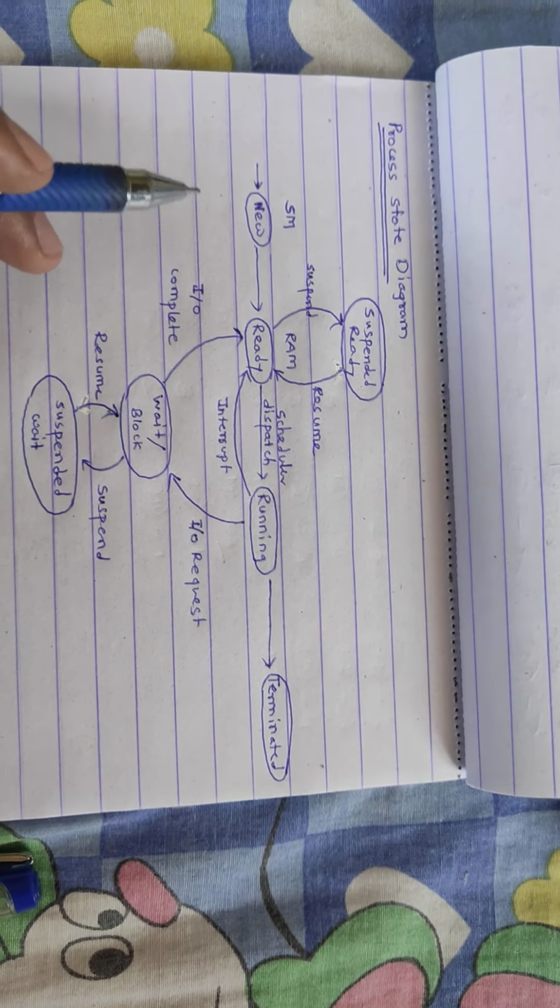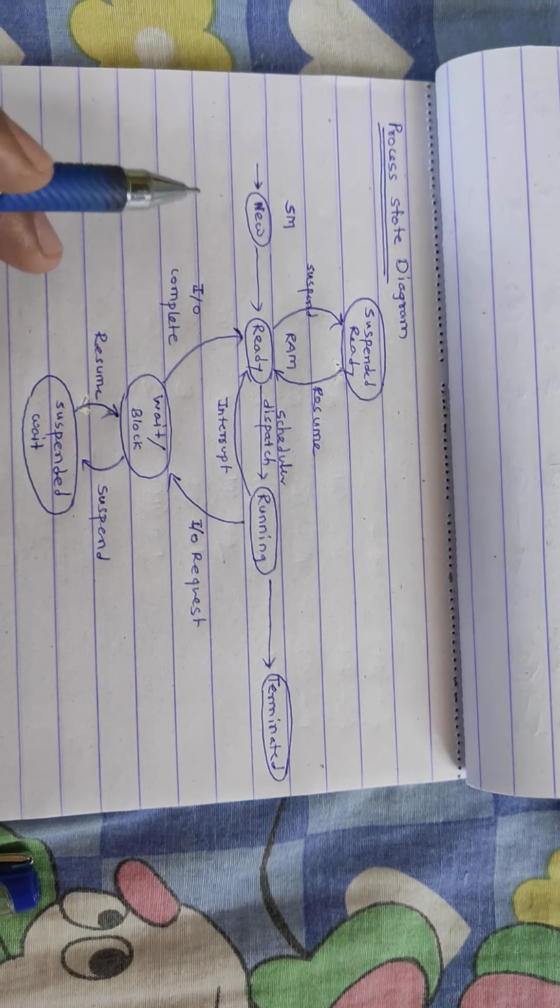The medium term scheduler is responsible for swap out and swap in: swapping out the process from the main memory or waiting queue to the suspended wait state, and again resuming it from suspended wait to the waiting state.